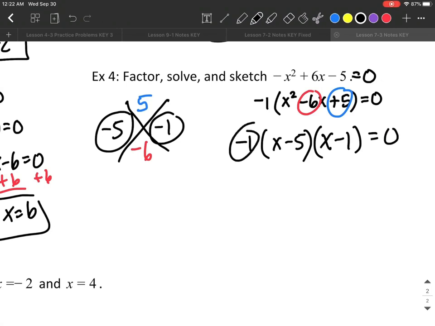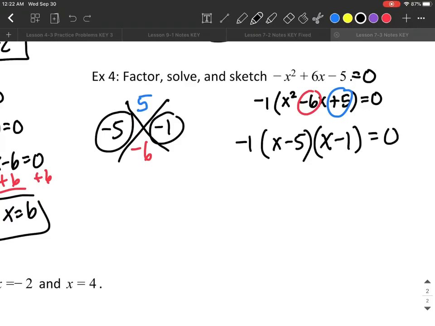That tells me I don't care about this negative 1 for right now because I'm solving. If I were factoring and I didn't have the right-hand side of this, I would care about that negative, but it's not going to affect that either this is equal to 0 or this is equal to 0, because one of the factors has to be 0 for the answer to be 0.